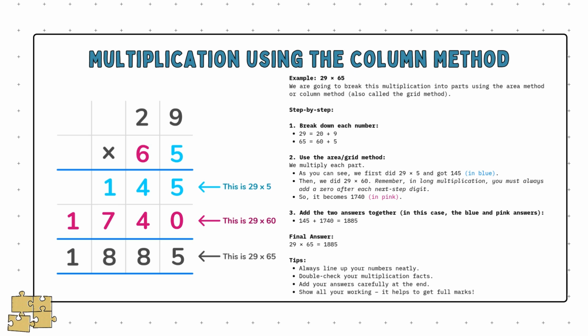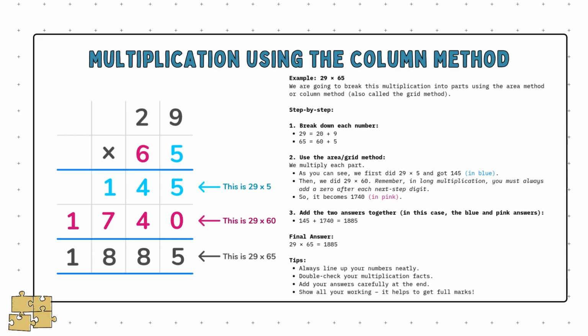I mean, some people can't do that. I know I can't do that. To know each times table, it is going to be impossible. So now we draw a little grid or table to help us organize this. So basically, you use lots of columns.